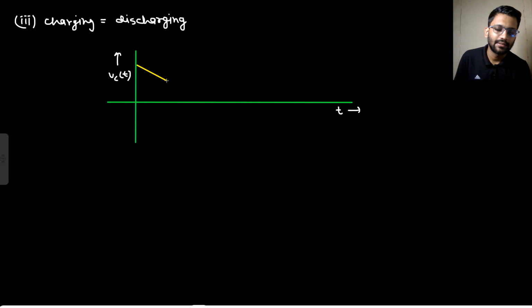It discharges, let's just say it discharges by 2 volt. It started from 5, it discharges by 2 volt, that means it has reached 3 volt. Now it charges by the same amount. It gains 2 volt again, so it will again go to 5 volt. Then again it discharges by the same amount. From 5 to 3, from 3 to 5.